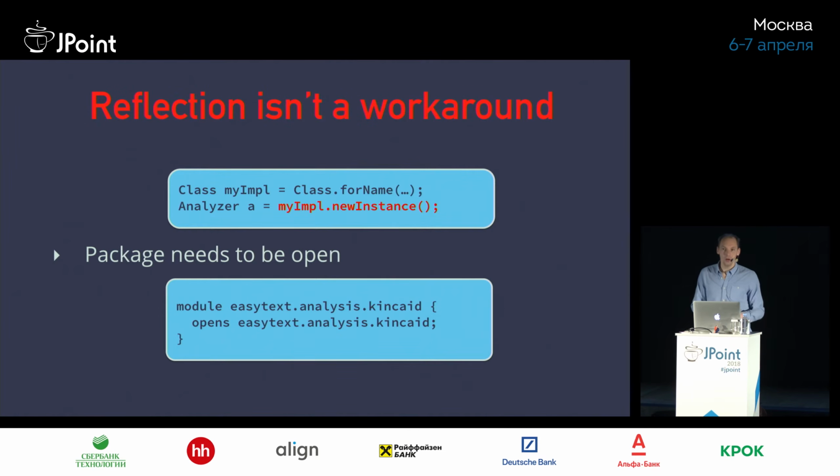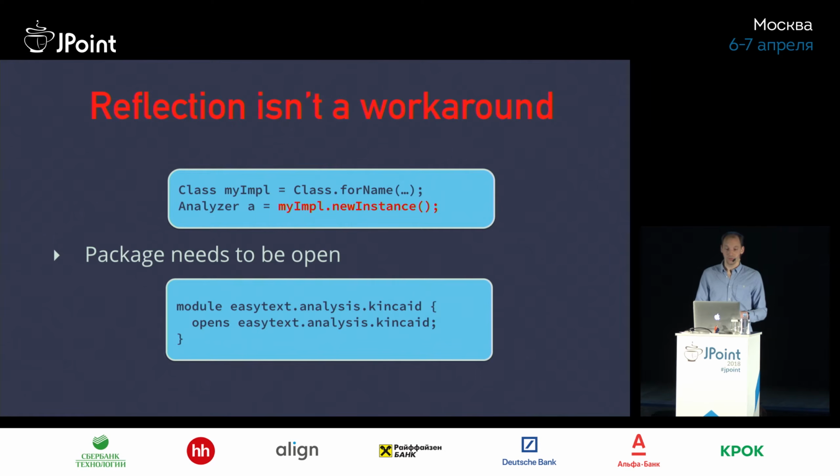Some people think, okay, well, maybe we can just forget about the require statement and somehow use reflection to find the class and instantiate it. And yes, you could do that. But as we learned before, then the package in this implementation module still needs to be open.